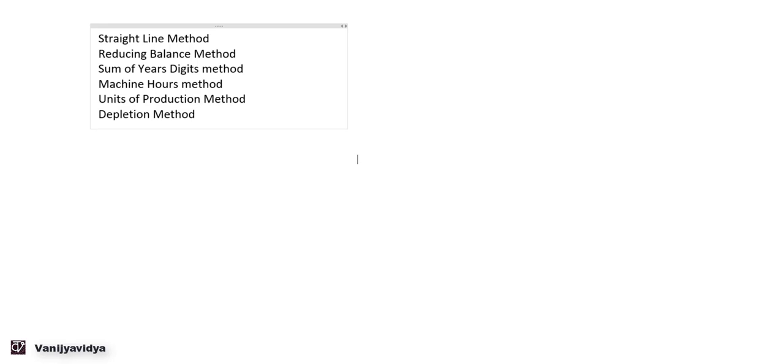So according to the nature of the business and how the machine is put to use, we can decide what method needs to be followed. Now currently, as per income tax rules, the reducing balance method, also known as the diminishing balance method, is recognized. There are some exceptions.